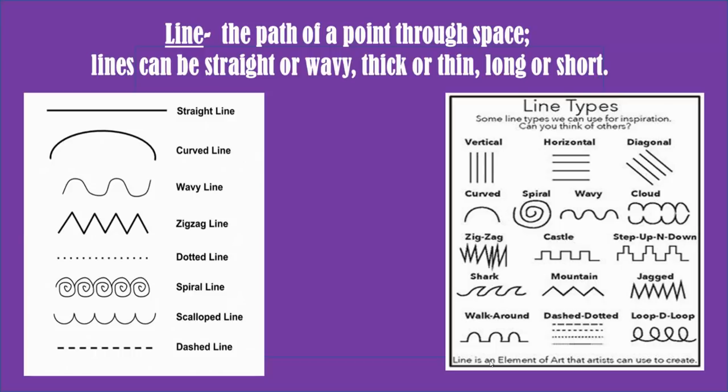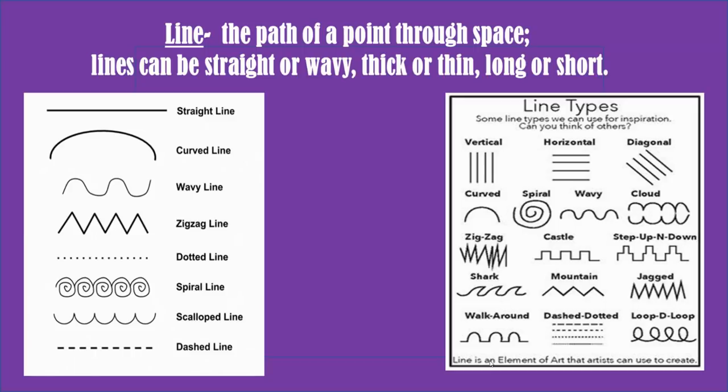Let's look at the image on the left first, and we see that straight horizontal line. Notice that the image on the right shows that straight line in a vertical, horizontal, and diagonal direction. Now let's look at the curved line.